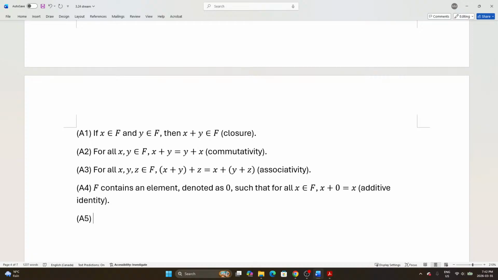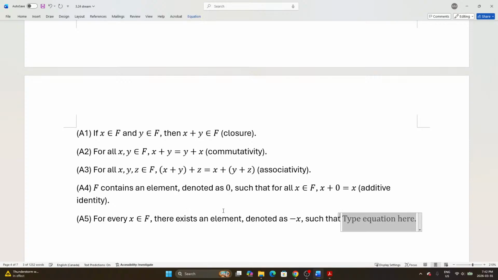A5 says basically you can take the numbers of opposite sign. Additive inverse: for every x in F, there exists an element denoted as minus x, such that x plus minus x is equal to 0, where 0 is defined in A4.